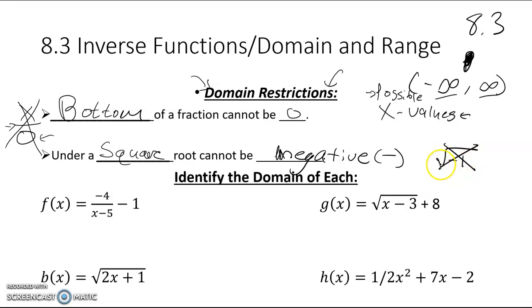Now, technically, in the past we've dealt with i's and negative numbers underneath square roots, but for this chapter, I do not want to deal with any i's or negatives underneath square root functions.